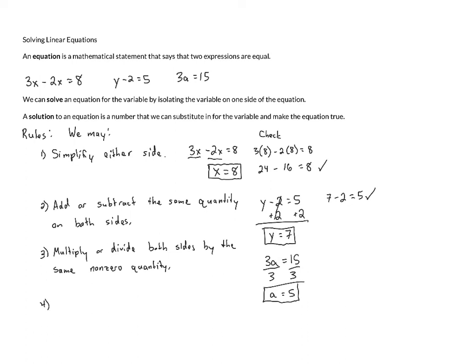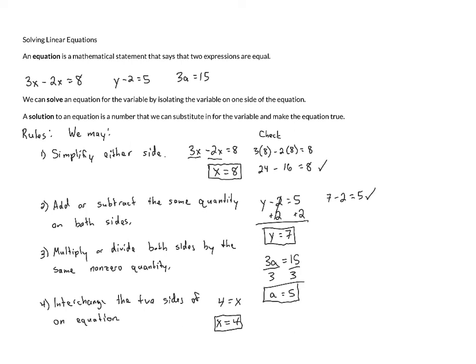This rule says that we may interchange the two sides of an equation. This simply means if we have the equation 4 equals x, we're allowed to rewrite this as x equals 4.